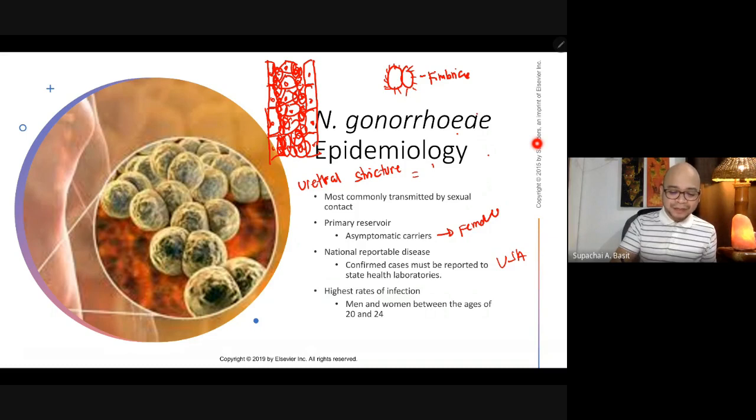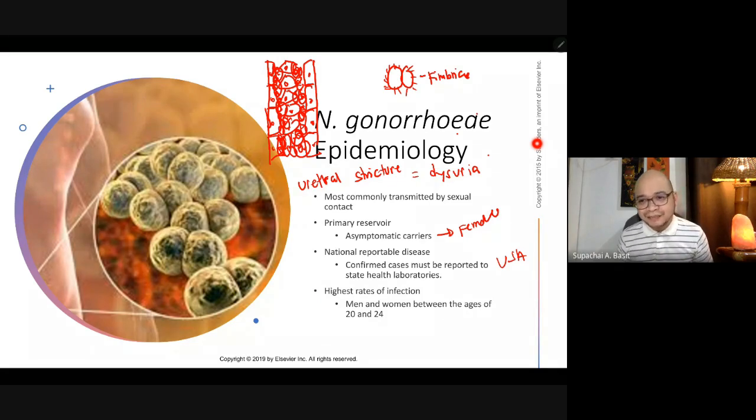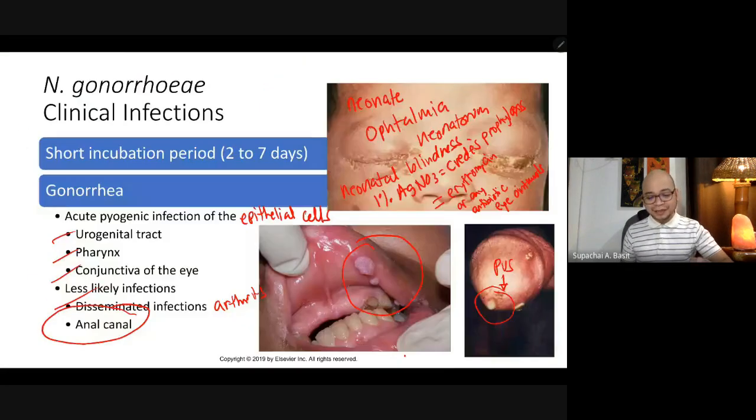So we will have the so-called dysuria, a condition wherein it becomes very difficult to urinate. With dysuria, it is as if there's a burning sensation whenever we urinate, particularly for males. Pus will always come out.